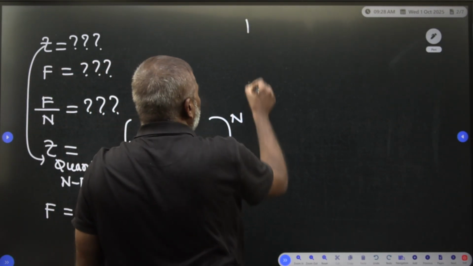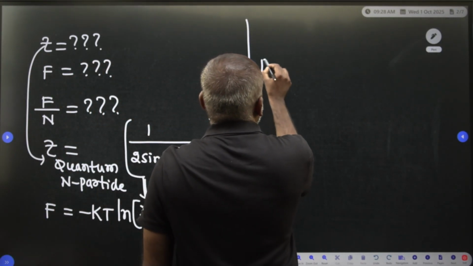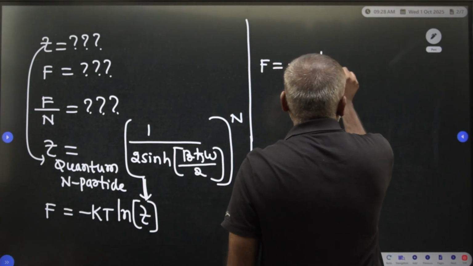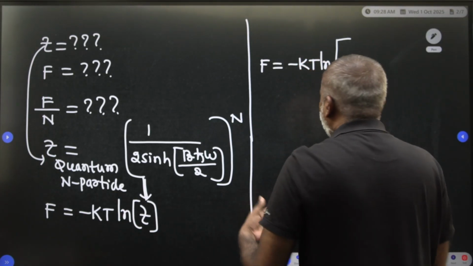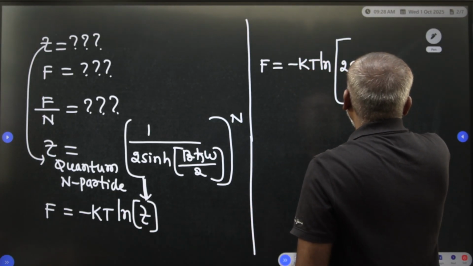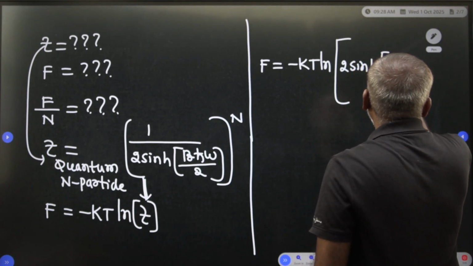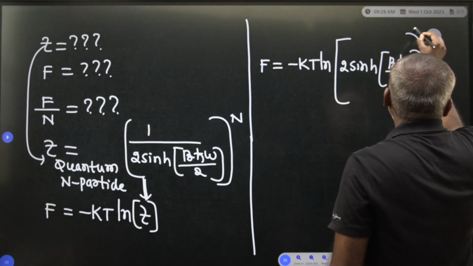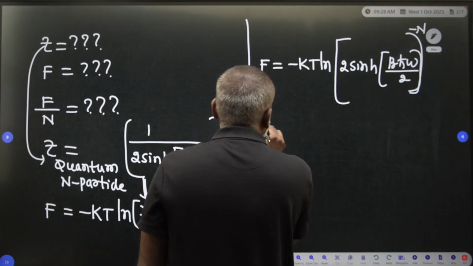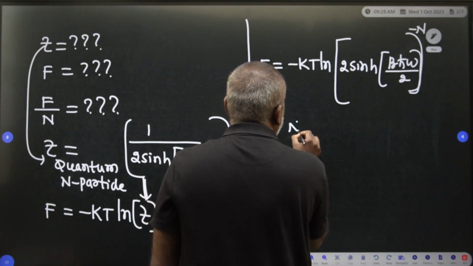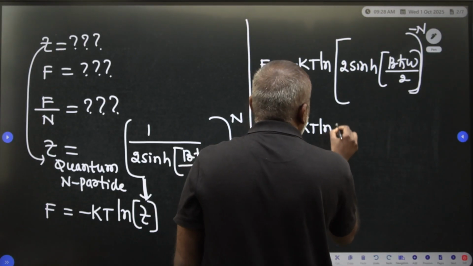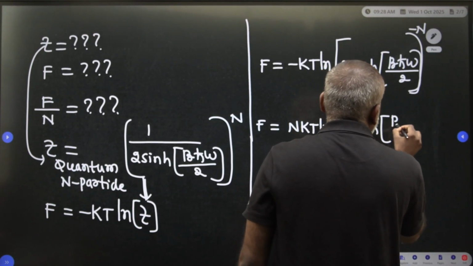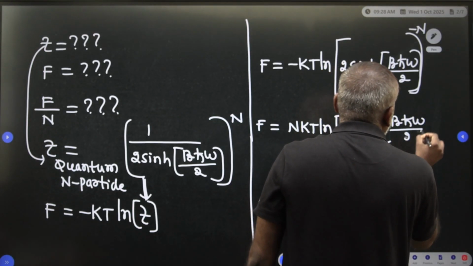Therefore, the Helmholtz free energy F is equal to minus kT into ln of the Z value, so 2 sinh of beta h cut omega divided by 2, all to the power of minus N. Therefore, F is equal to N kT ln 2 sinh of beta h cut omega divided by 2.